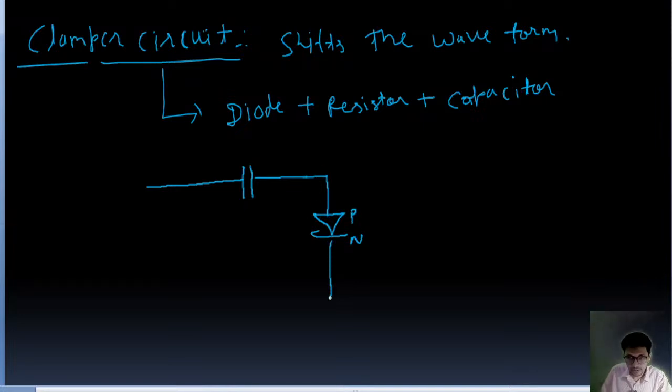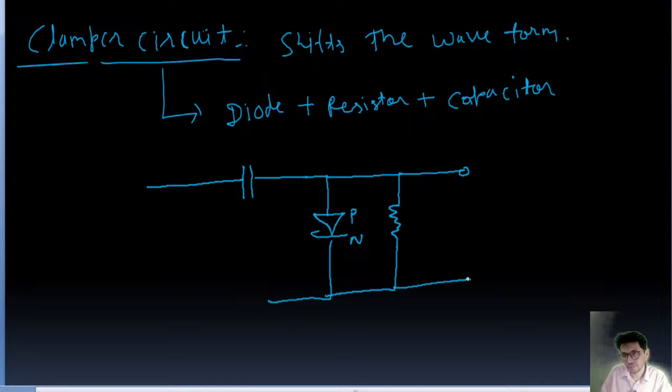And we have a resistance which is parallel to the diode, and then we have the output, and this is the input, we can write Vm. This is a capacitor, this is a diode, this is a resistance, a combination of capacitor, diode and resistance. And this is the output voltage V output. So the work of the clamper is that it shifts the waveform.